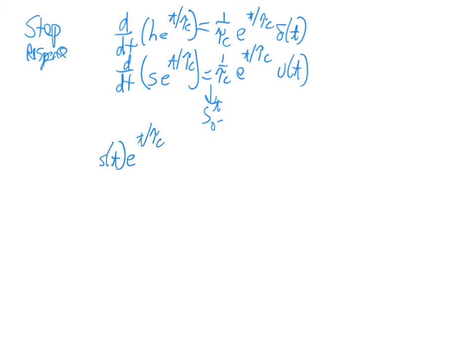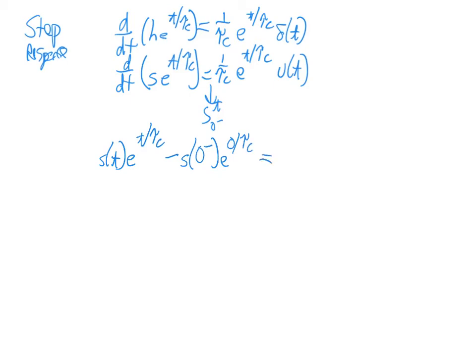That's the upper limit, and then I subtract the lower limit. I'm doing the integral of a derivative on the left-hand side, so I'm just evaluating that expression in parentheses above. For the lower limit, I get s at 0 minus times e to the 0 divided by tau c. So that's the left-hand side.